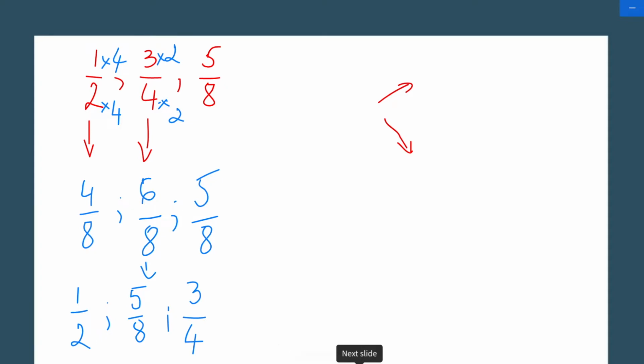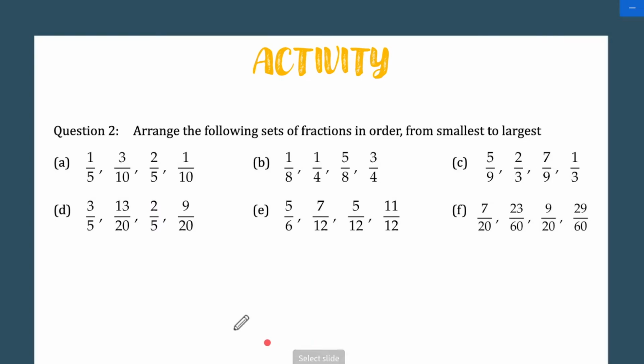Okay, so I hope you understood, because now it's your turn. So do this in your book, and after that I will show you what the common denominator is in this case and the order of the fractions. Let's see how you do it.